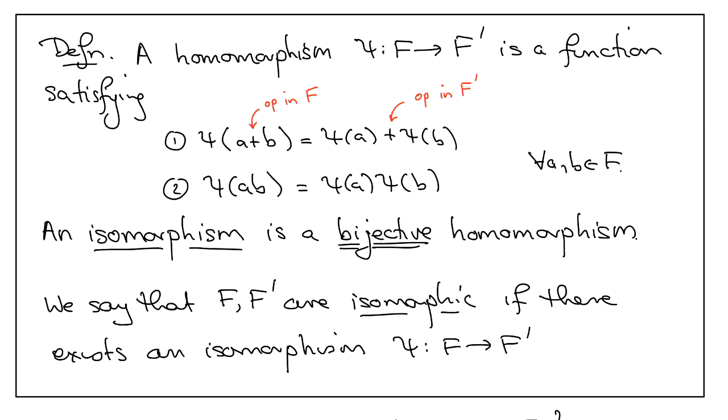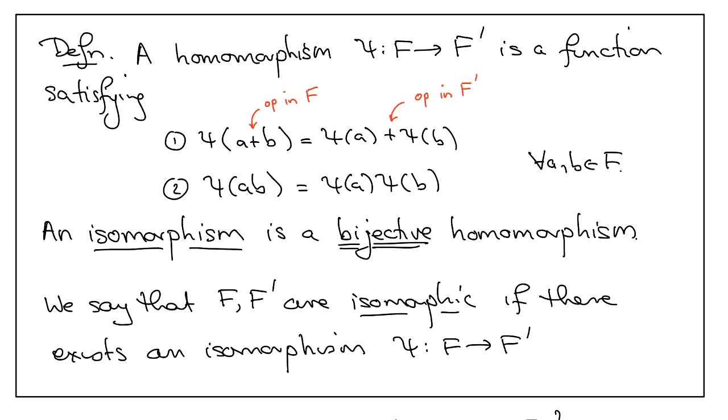So a homomorphism is a map from one to the other which preserves the structure in that sense. And then if it preserves the structure really, really well, that's an isomorphism. So that means it should be bijective, so that everything over in F prime comes from an element of F, and moreover, two different things in F go to two different things in F prime, so you get no collapsing.